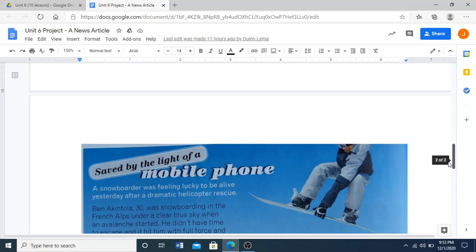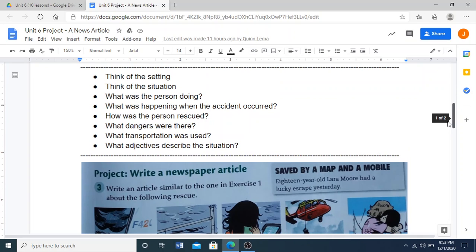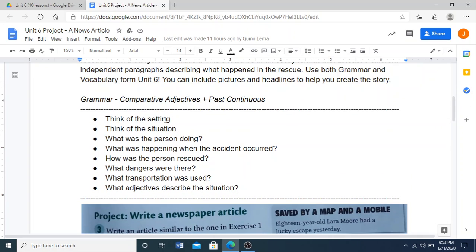Remember also, when you're writing this newspaper article, you have to use these grammar patterns that we've learned in class: comparative adjectives and past continuous. You should use them as often as you can in writing your article.